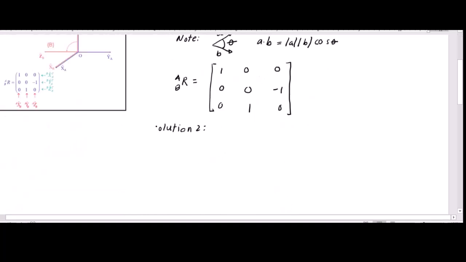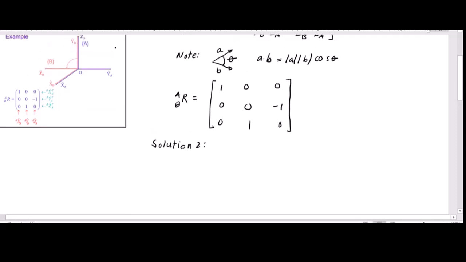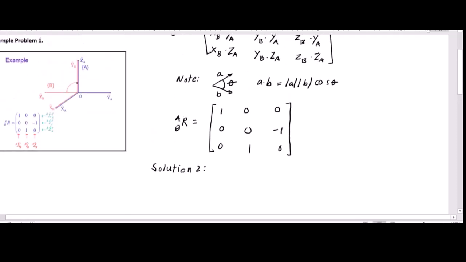For solution 2, this can be verified that frame B is rotated.